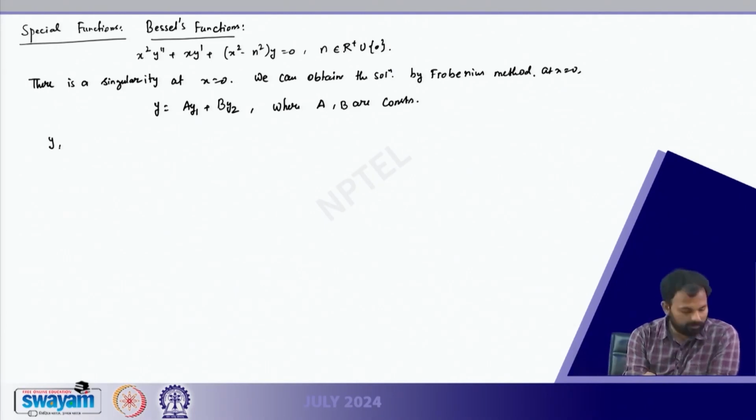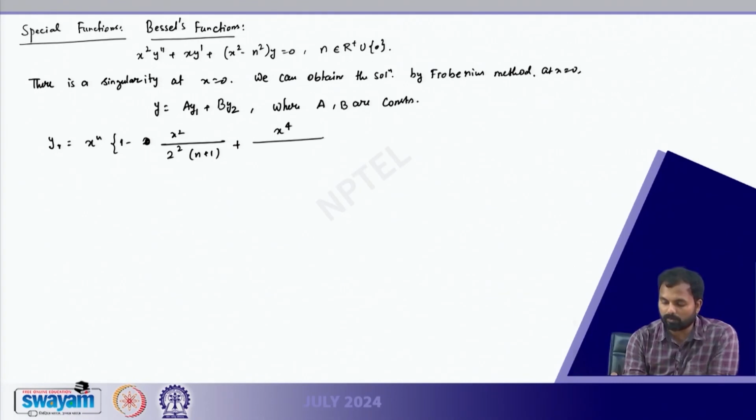Y1 is x to the power n times (1 minus x square by 2 square into (n plus 1) plus x to the power 4 by 2 to the power 4 into 2 factorial (n plus 1)(n plus 2) minus and so on).